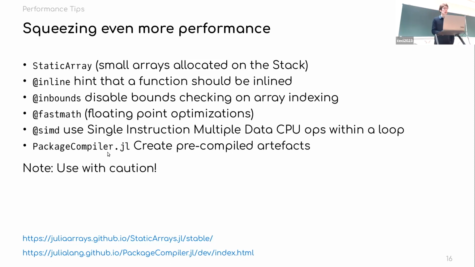And finally, this one might be more important if you're running on a cluster and you have a big package that you don't want to recompile every time. You can use something called PackageCompiler.jl. It basically allows you to create precompiled artifacts of Julia code. That means it's compiled already, so you don't need to recompile it again on startup. A lot of people use that to, for example, plot things very fast.